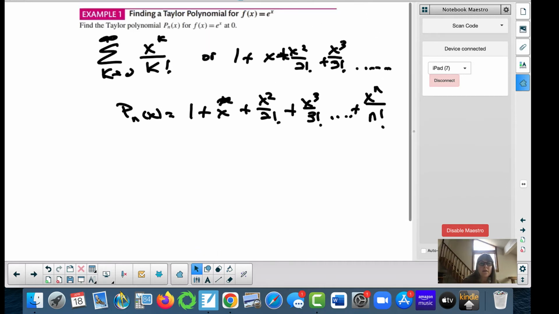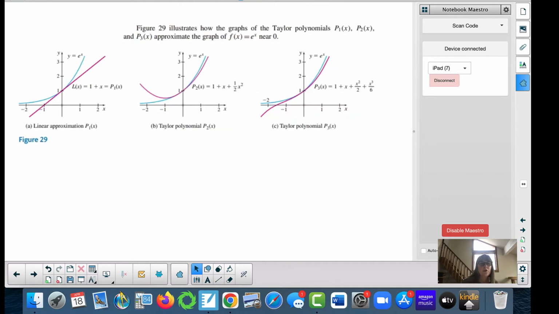And if we look at the different graphs, a linear approximation would be if we found that tangent line at x equals 0. We've done that all throughout this class, finding the equation of a tangent line by getting the slope and using that slope in a point.